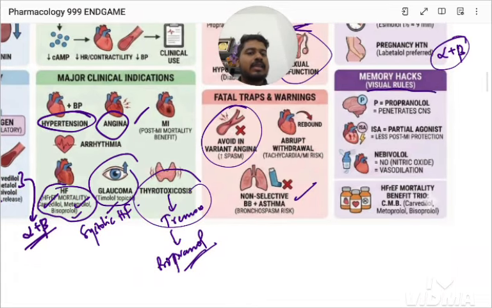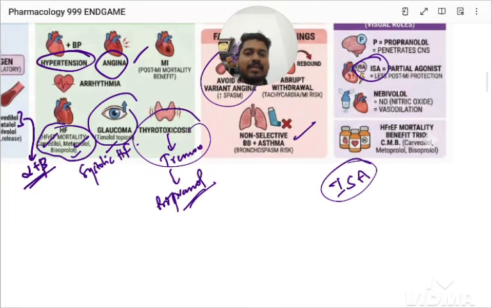So I think these things we can go through. There is something known as ISA. ISA means intrinsic sympathomimetic activity, which means there are some beta blockers which have beta agonist activity along with beta blocking action. So they are beta blockers, but along with that they have partial beta agonist activity.